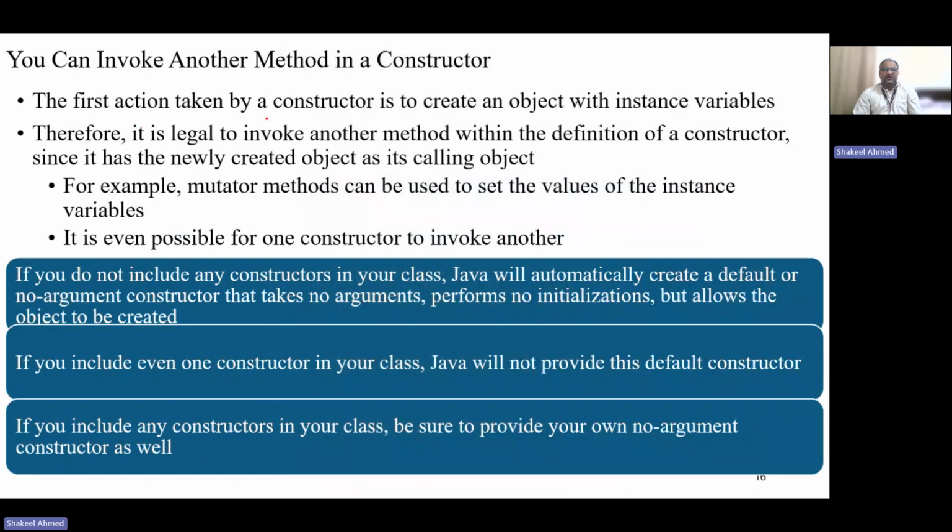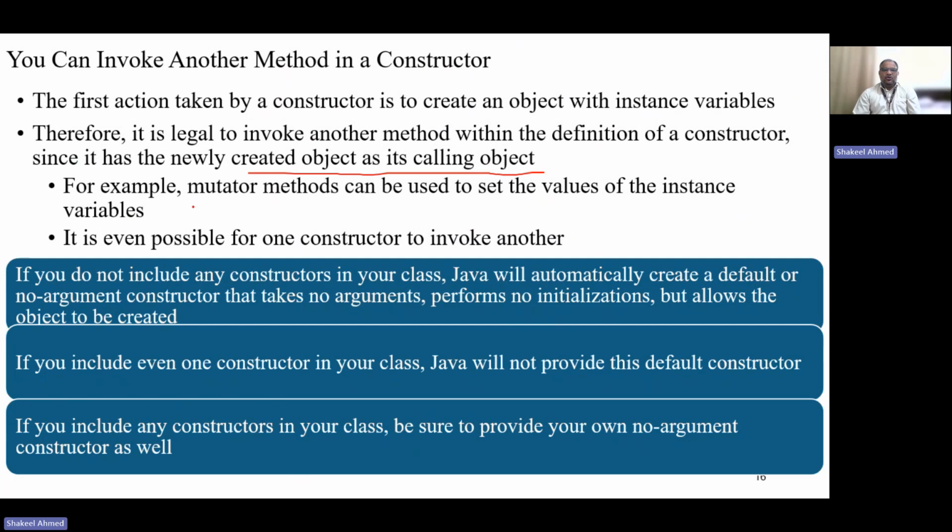The first action taken by a constructor is to create an object with instance variables, like what you saw previously. Therefore, it is legal to invoke another method within the definition of a constructor, since it has newly created objects. Whenever a constructor is called, it will work with the reference of that object.